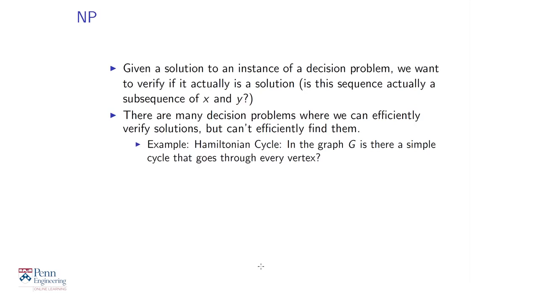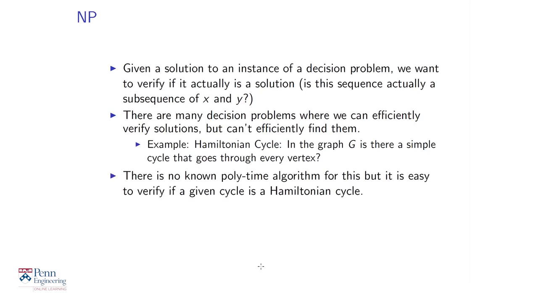So given that solution, all you'd have to do is to verify that every vertex in the graph is mentioned in the sequence, and that every vertex that succeeds another has an edge from the other one. So basically, every pair of successive vertices is connected by an edge. So if you could verify those two things, you would confirm that this is indeed a Hamilton cycle.